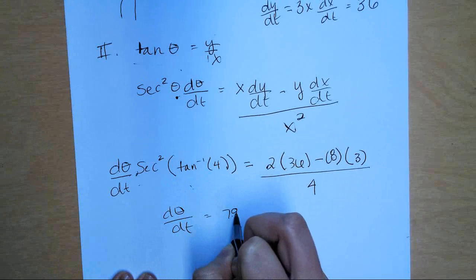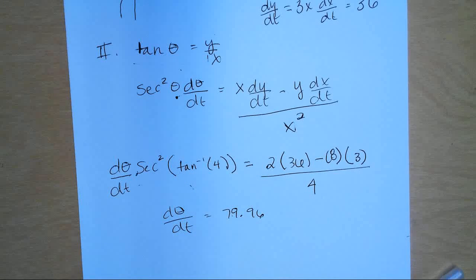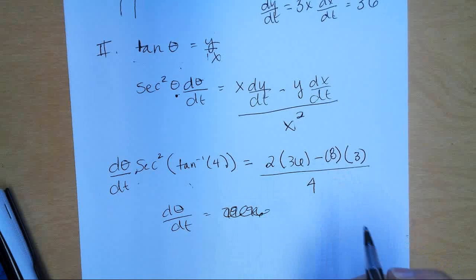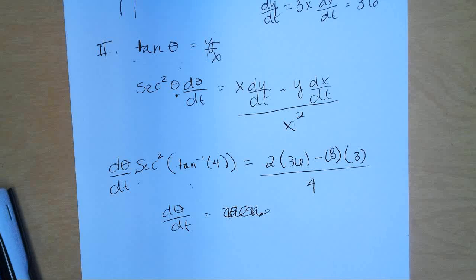75.9. Really? I don't, it's too high. Okay, good, because that scared me. That can't be right. Okay, so we said it was 12 divided by secant squared, which is 1 over cosine of the inverse tangent.